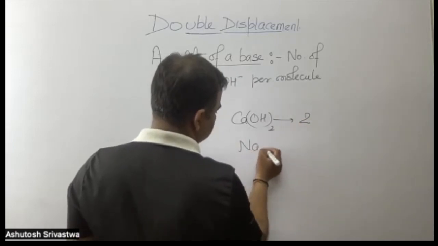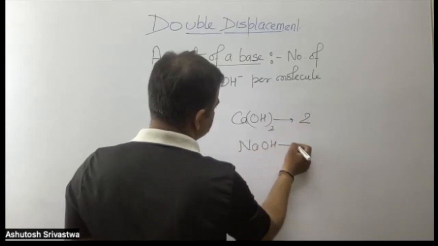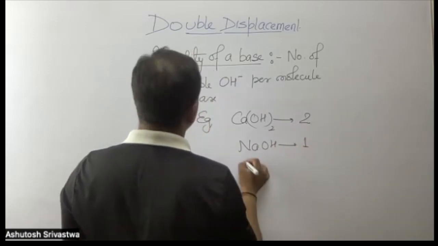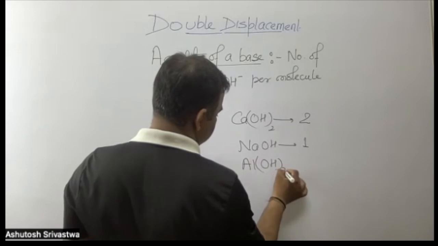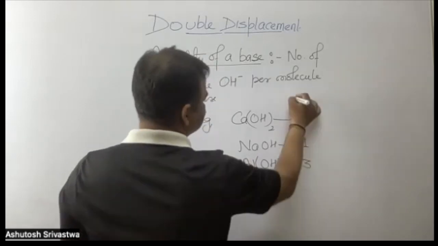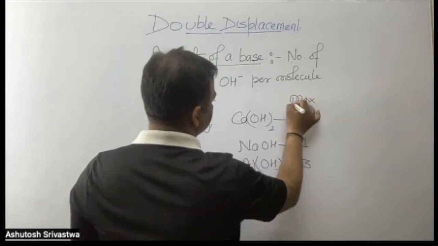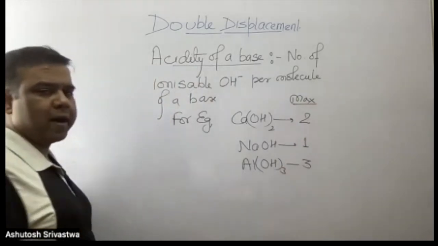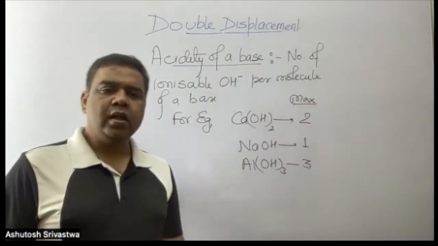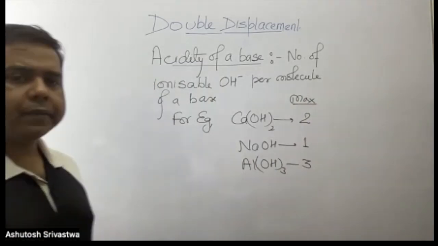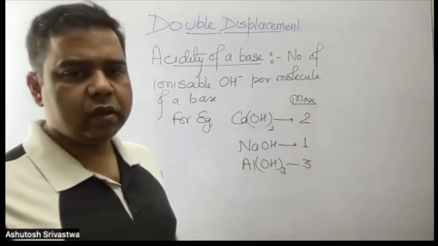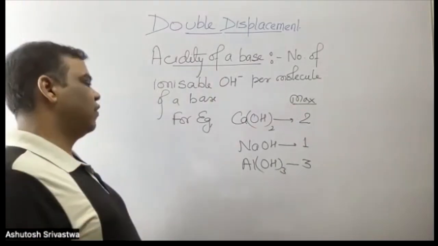Sodium hydroxide, acidity is 1. Aluminium hydroxide, acidity is 3. So this is the maximum. If nothing is given, we should talk about maximum. If some reaction is given, then we should talk about the reaction. Okay. This is the acidity of a base.